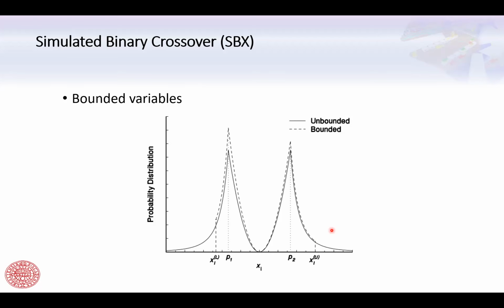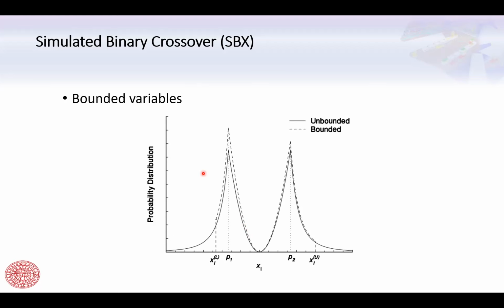This slide tells you about the bounded and unbounded case. The probability distribution is a polynomial function that covers a larger range, and as you can see, now there is a much longer tail. But if you are aiming at a constrained problem, that means you have a lower bound and an upper bound here. So of course, you are not allowed to choose a value outside your constraint and make it infeasible. By having the constraint there, the area needs to be adjusted.